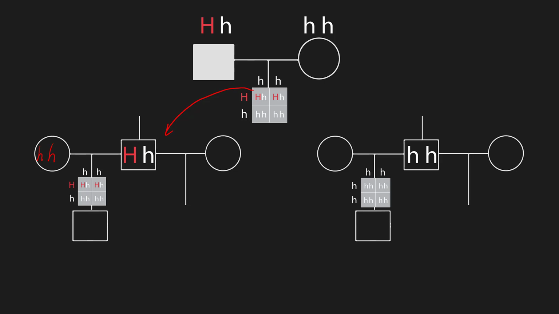So in this case, we have capital H, lowercase h, and lowercase h, right? So again, with a frequency of 1/2 and 1/2 for each, or as expressed in this Punnett square, 2 out of 4 and 2 out of 4. So those are the two possible genotypes that we can give our child.